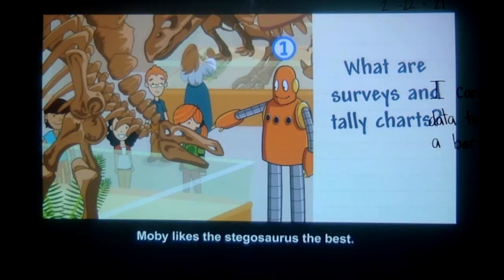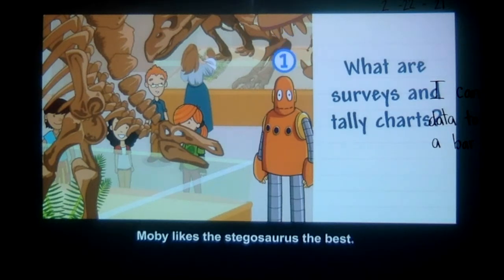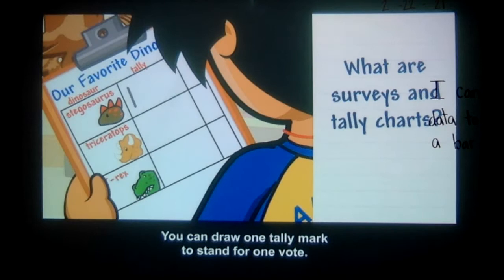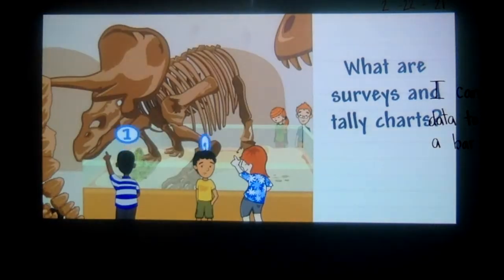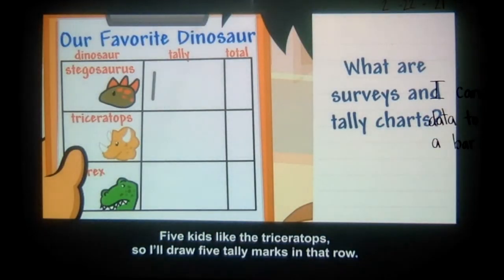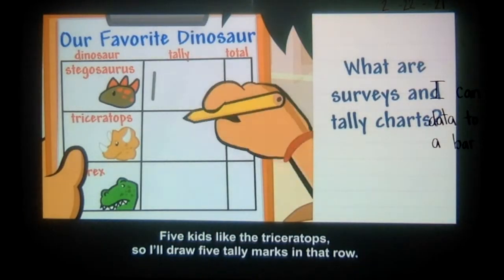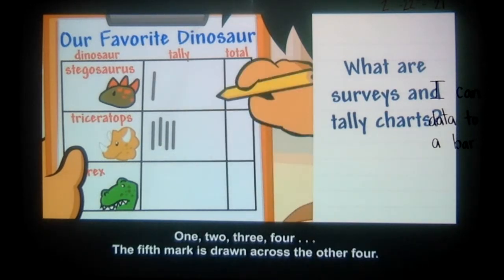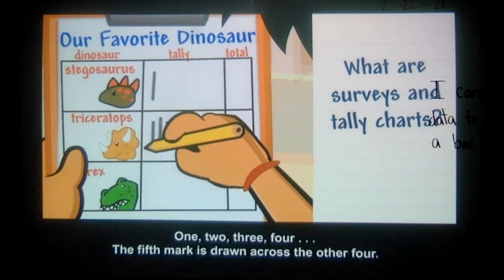Let's see, Moby likes the Stegosaurus the best. You can draw 1 tally mark to stand for 1 vote. 5 kids like the Triceratops. So I'll draw 5 tally marks in that row. 1, 2, 3, 4. The 5th mark is drawn across the other 4.